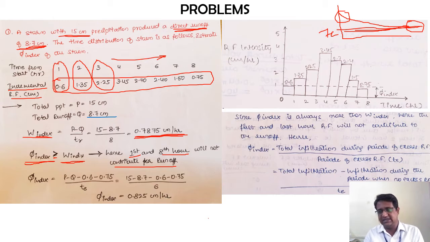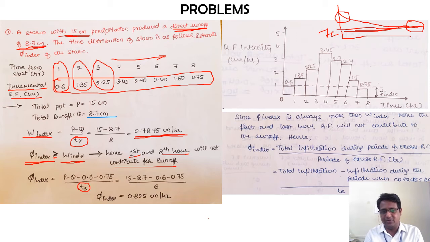The reason being the way in which it is calculated. In W index we take the total duration, whereas in phi index we take only the effective rainfall or effective duration of the rainfall. So that's why the denominator is reducing. Even correspondingly the numerator will change, but based on the assumptions we have made, your W index will always be less than the phi index, or phi index will be more than the W index.